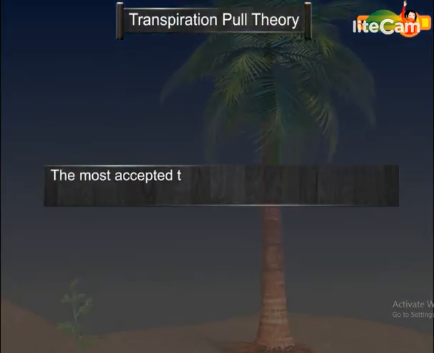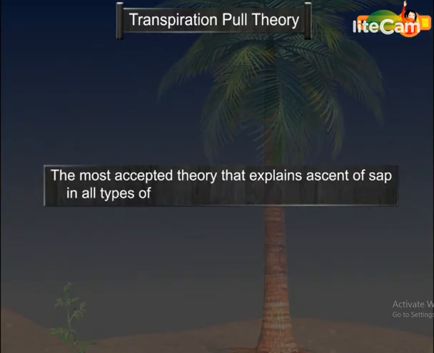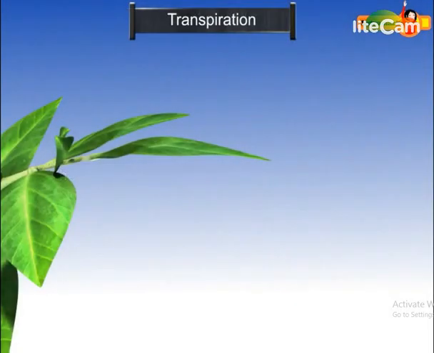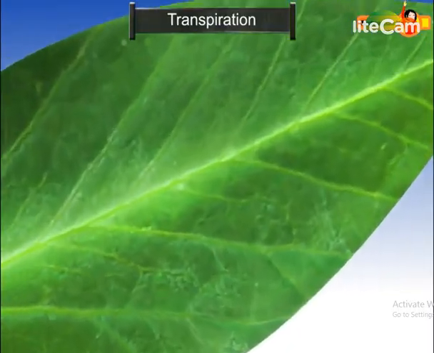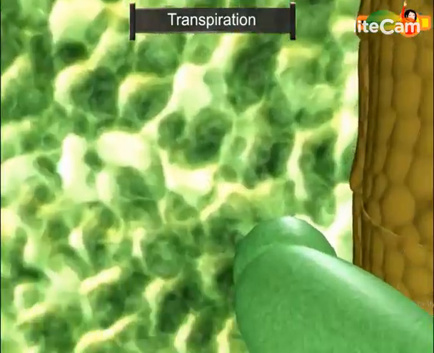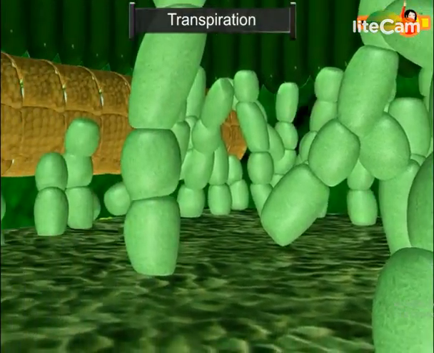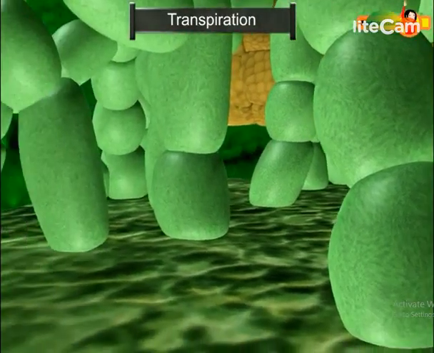The most accepted theory that explains ascent of sap in all types of plants is transpiration pull theory. The leaves lose water and indirectly generate a pulling force or tension for the water in the mesophyll cells of the leaves.